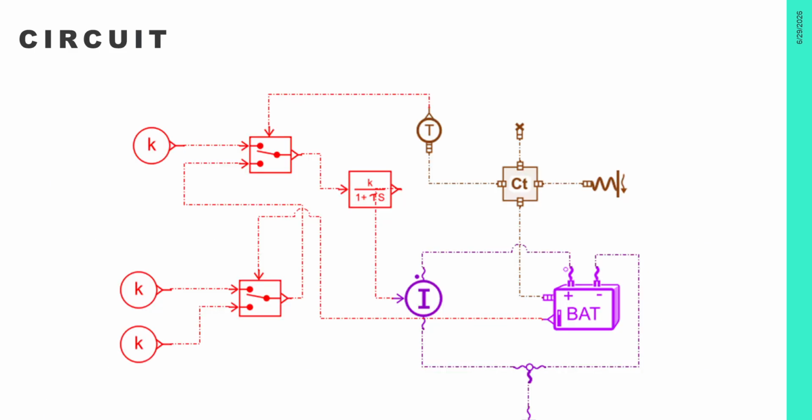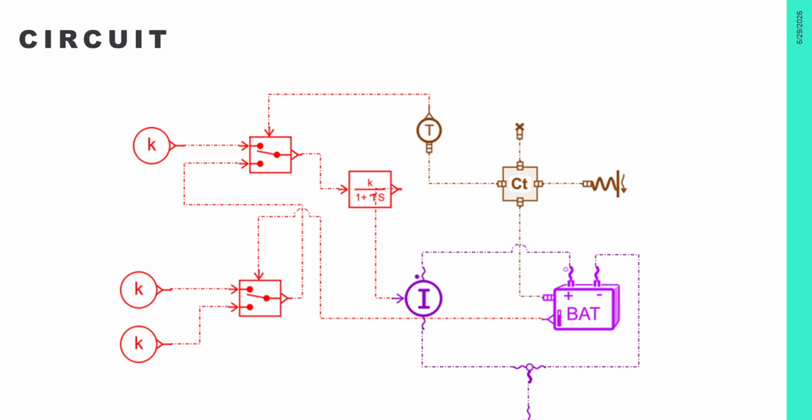And we'll go with the circuit. If you see the left side of the diagram, we have K surrounded by a circle, and that indicates constants. Next, there's a relay kind of thing with four arrows, and that's the switch. The next one is K by 1 plus tau s, which is a filter.